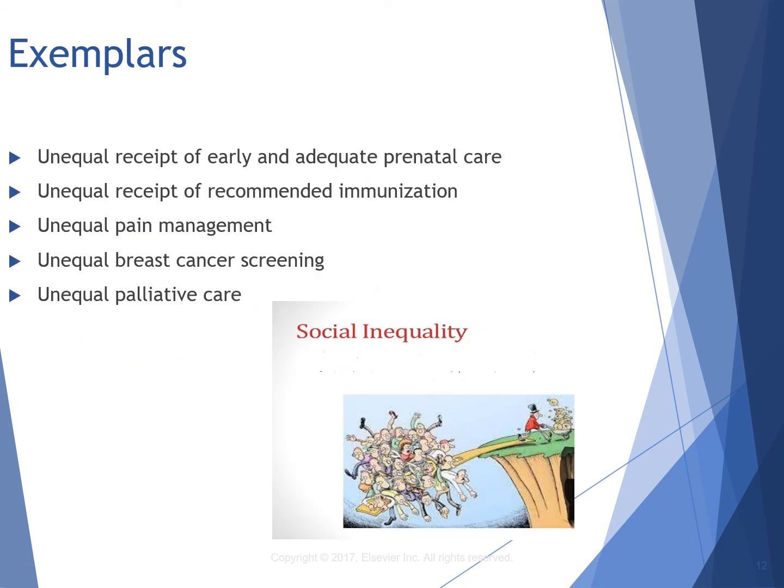Unequal receipt of early and adequate prenatal care. Let's take a look at this, and there is a fact that I would like to give you. Black mothers are 3 to 4 times as likely to die from pregnancy complications as white mothers. Let's look now at the unequal receipt of recommended immunization.